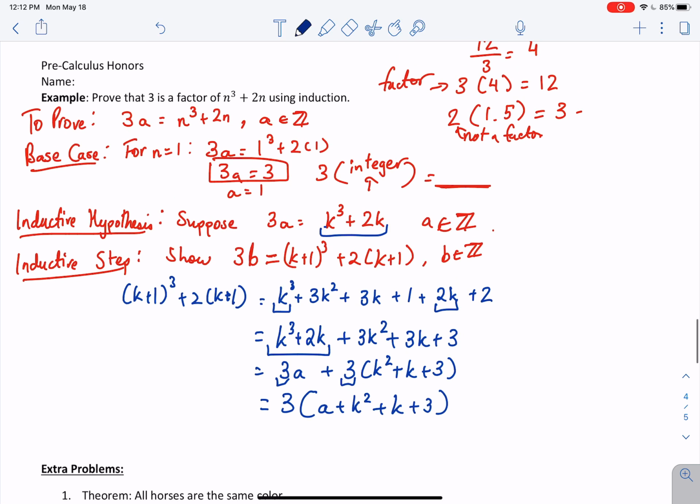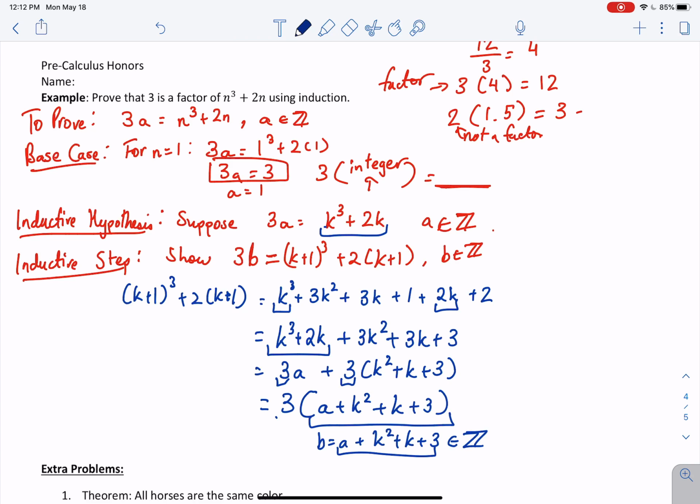And so now I can see that 3 times all of this gives me k plus 1 cubed plus 2 times k plus 1. So that means b is this expression. And since we know that a is an integer and k is an integer, this expression is an integer.